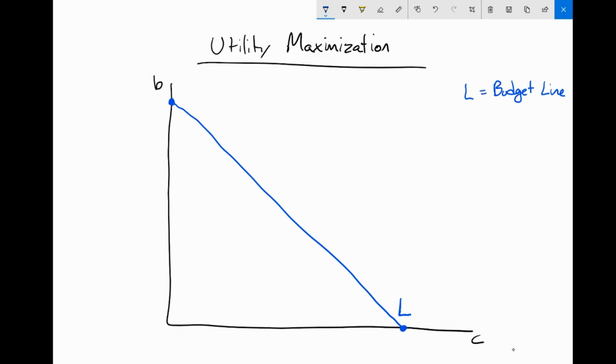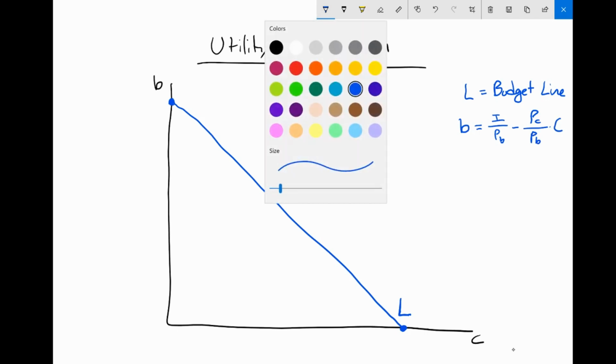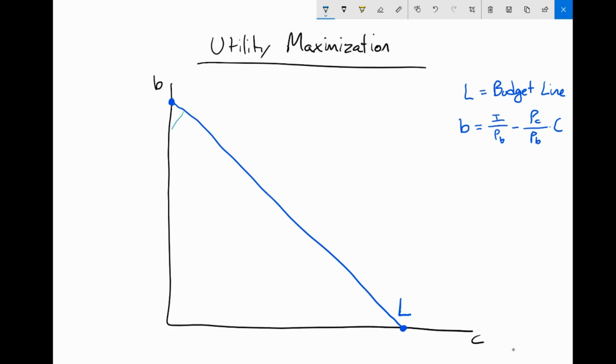If you remember the function of this budget line, B equals I over PB minus PC divided by PB times C. All right, so there's our budget line. The budget line and everything that lies below it is the opportunity set. That is all the possible combinations of bagels and coffee that the agent is able to afford. So they can afford everything in blue.